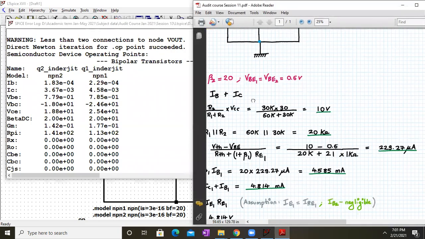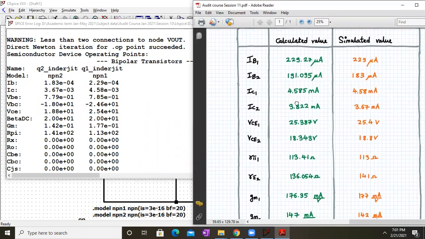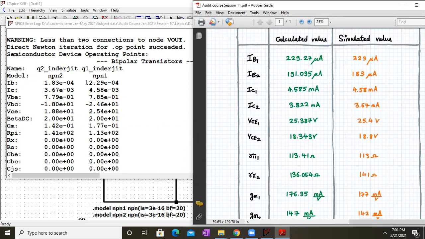I have made a table for the calculated values and the simulated values. First, IB1 is 229 microamperes in simulation and 229.27 microamperes by calculation. IB2 is 183 microamperes, and here we are getting around 191.095 microamperes.